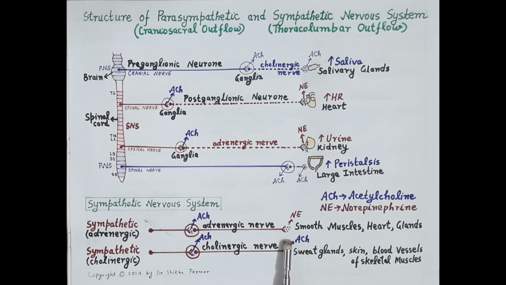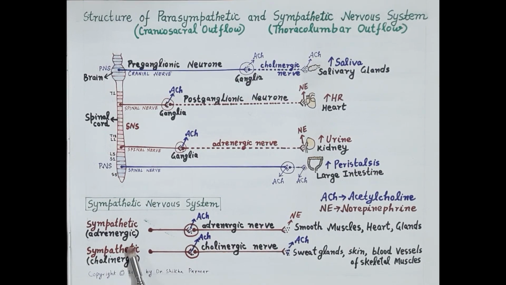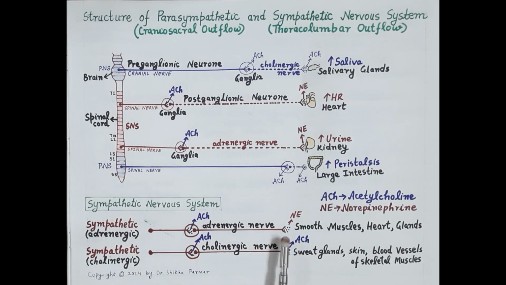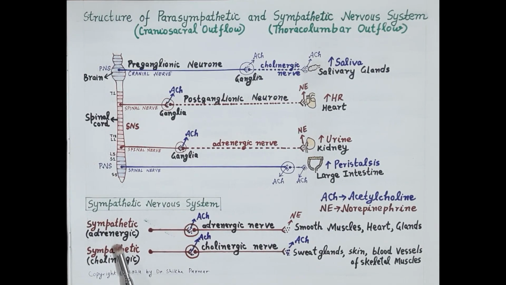If norepinephrine or noradrenaline is released at the target organ, the sympathetic nervous system is known as the adrenergic sympathetic nervous system. So noradrenaline or norepinephrine is usually the neurotransmitter in the sympathetic nervous system, but there are a few exceptions.